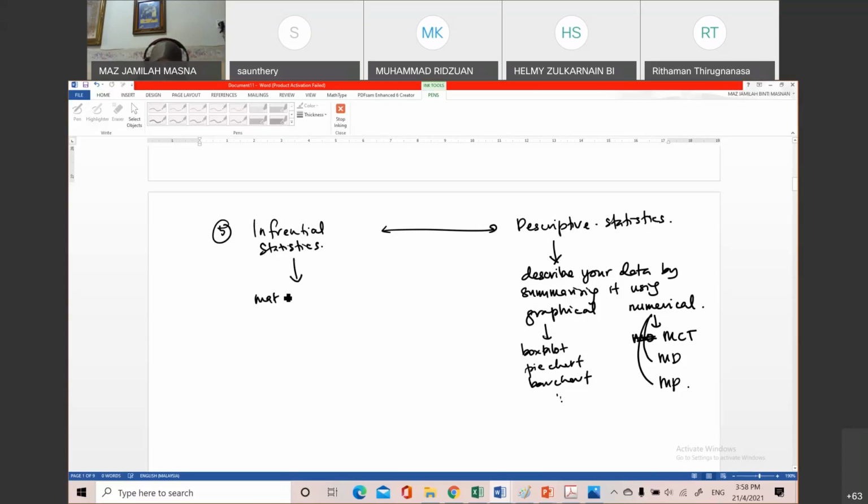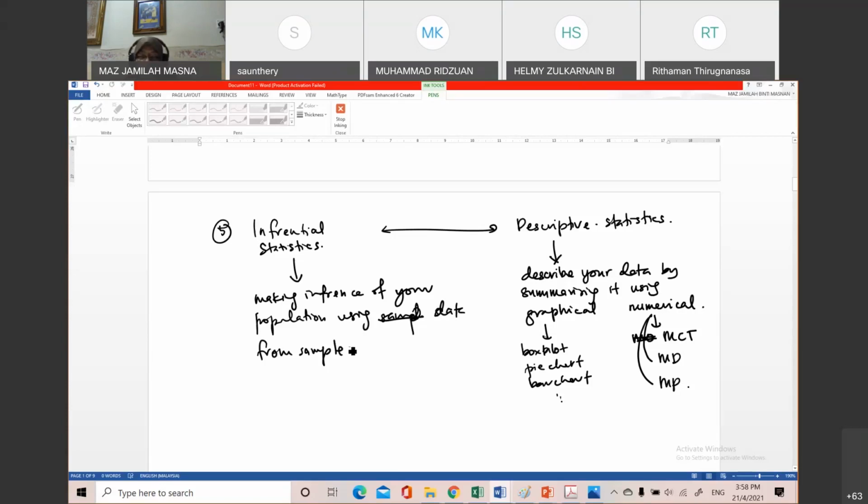Yes, making inference of your population using data from the sample. Making inferences could be for the population mean and the population proportion, for example.